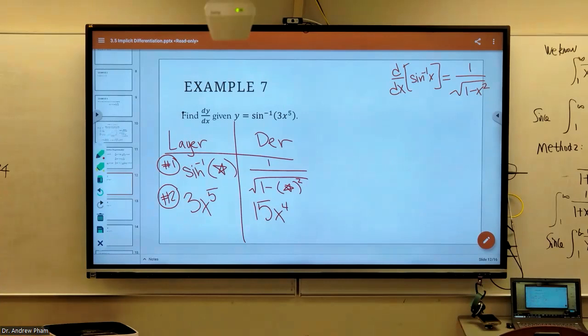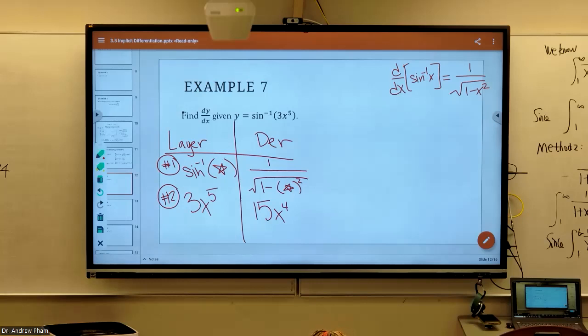All right, and do I have any other layers to the function? A yes or no? So we don't have any other layers because I've accounted for everything, right? I have the arc sine, I have the 3x to the fifth power.